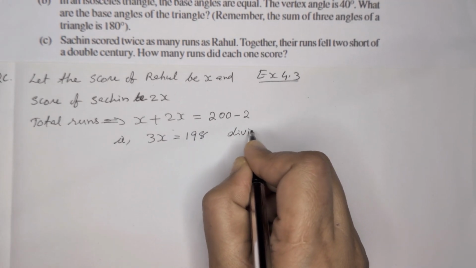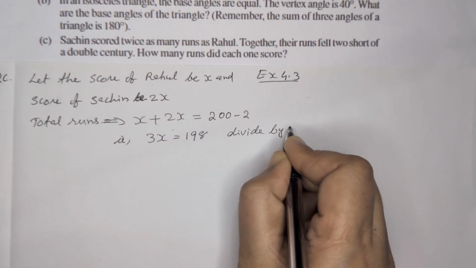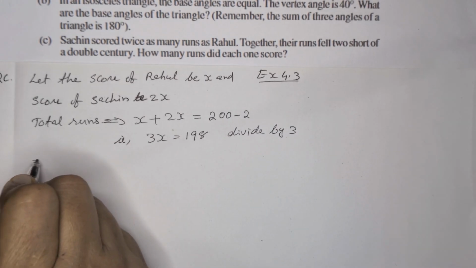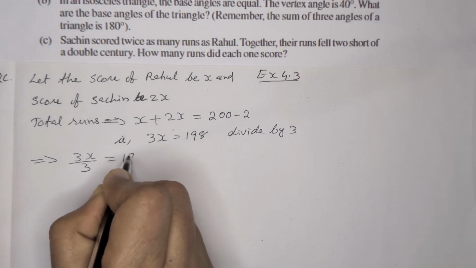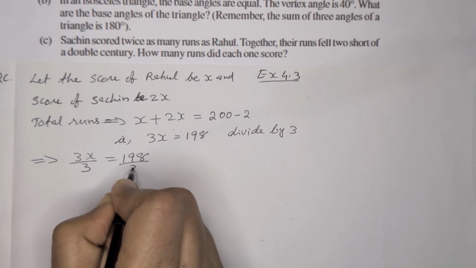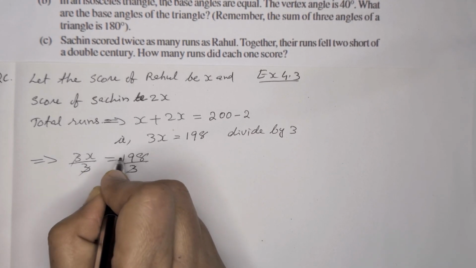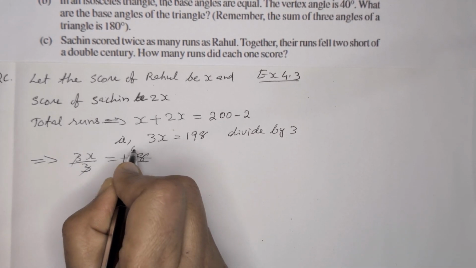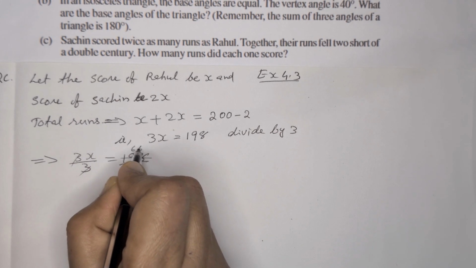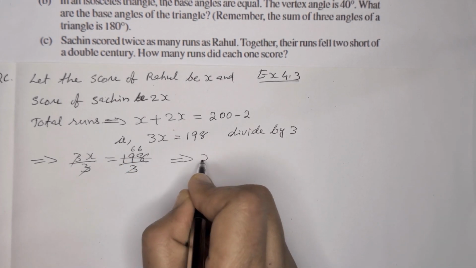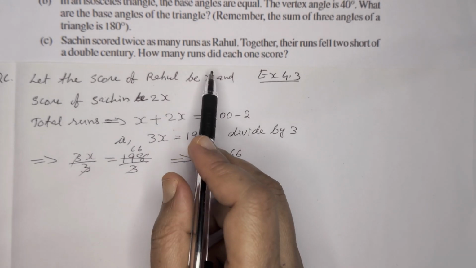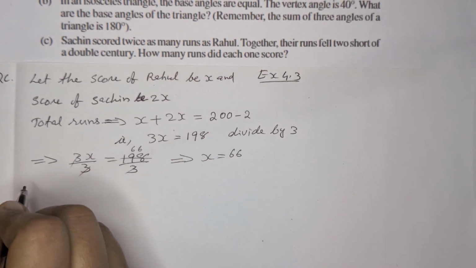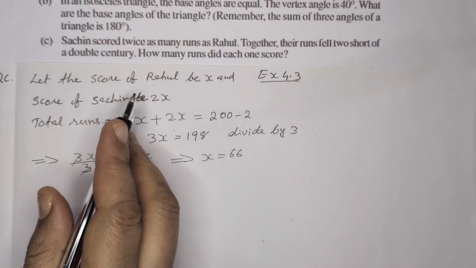Divide by 3 both sides, which implies 3x by 3 is equal to 198 by 3. The 3 we can cancel here, 66, which implies x is equal to 66. Here the question, how many runs did each one score? First, x means Rahul's score.